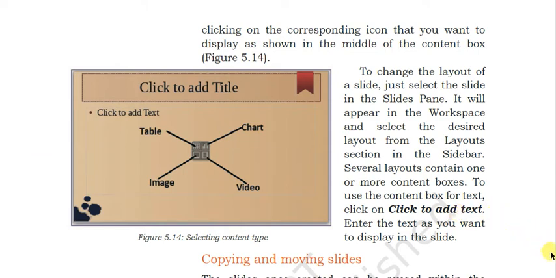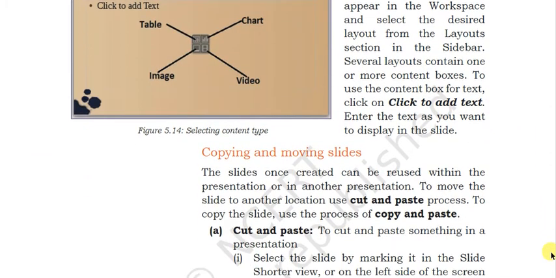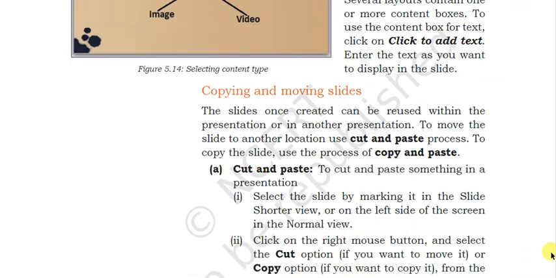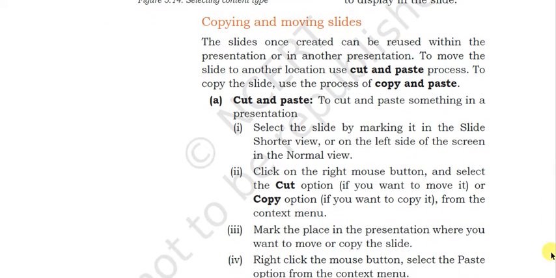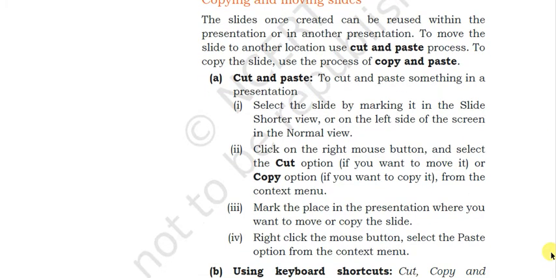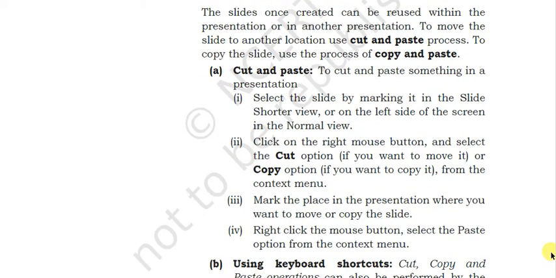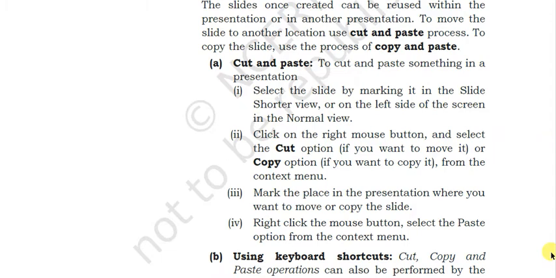Now next point is copying and moving slides. The slides once created can be reused by copy paste and or cut paste. So if you want to cut paste, then select the slide from the slide bar. Click on it with a right click, and then you will have a cut option, or you can select the copy option as per your requirement.